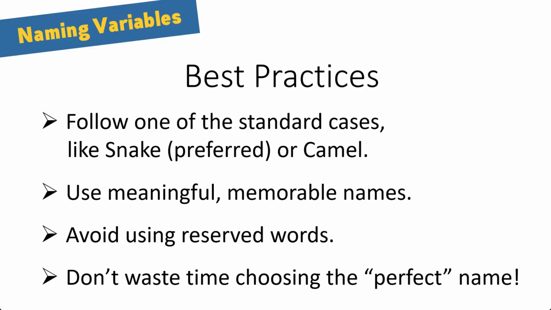Avoid using Python keywords, aka reserved words, as variable names. And lastly, don't spend too much time deciding on the perfect name. It's not quite as important as, say, choosing a name for your kid. Save yourself time, avoid paralysis by analysis, and use these simple guidelines to quickly choose a name so you can get back to the fun and interesting parts of programming.